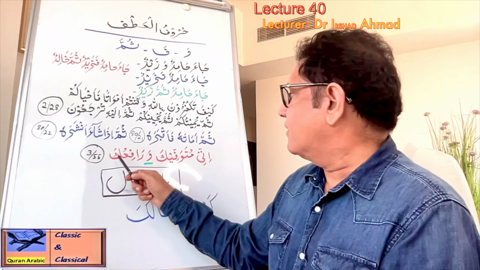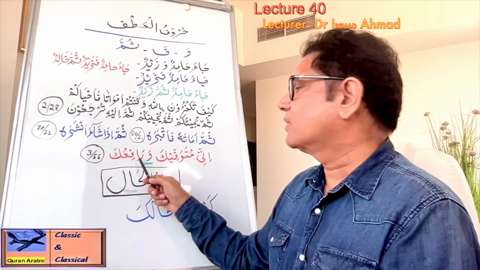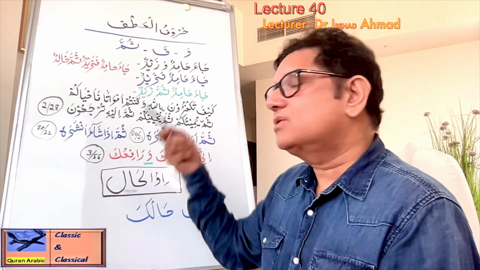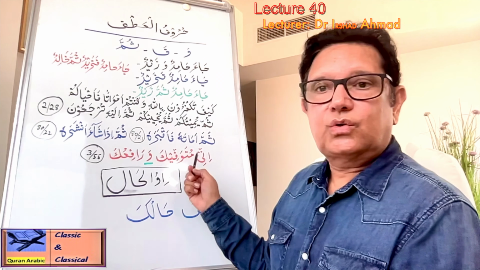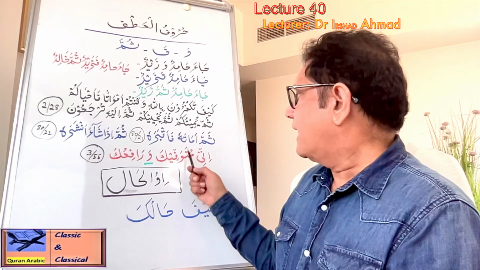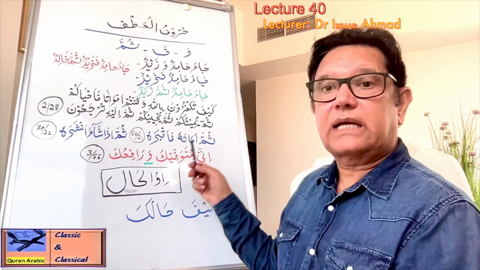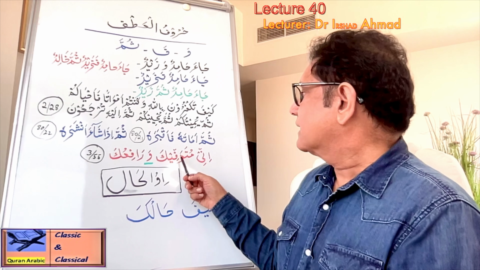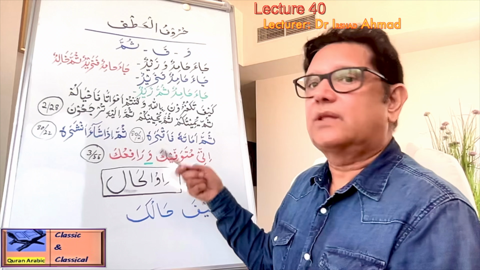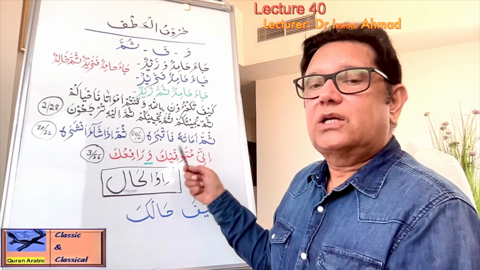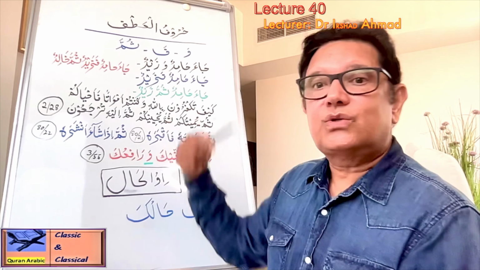So inni rafeoka ilayya wa mutawaffika, which will mean then I'm going to raise you towards me. That means the whole of you. And then you're going to return to this earth, and then I'm going to give you normal death. That could be one way of looking at it. And the second will be clearly that I'm going to take you fully, soul as well as the body, which means I'm going to take you alive, up, and rafeoka ilayya, and raise you towards me.